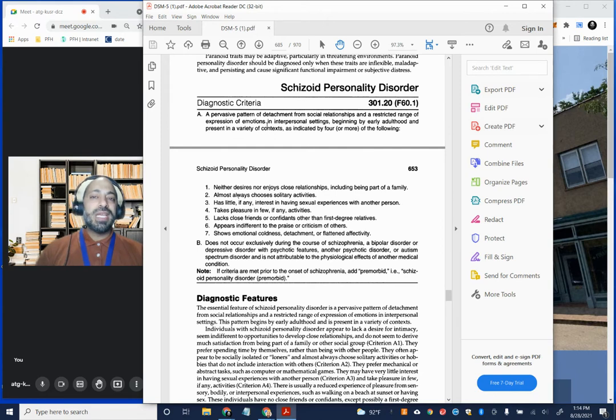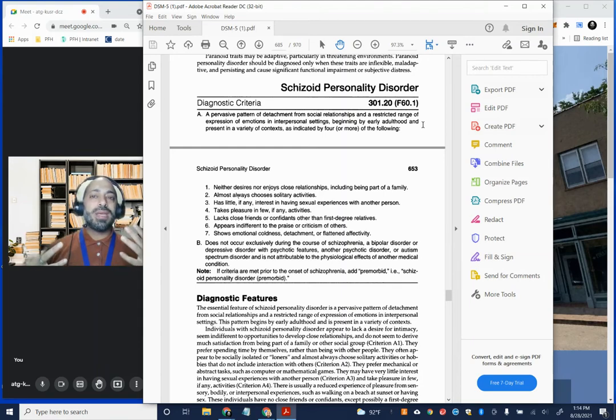A pervasive pattern means it's continuing to happen at a pretty deep and impactful pace, impacting the different domains of life, of detachment from social relationships. So we are detaching ourselves from others and the world around us, and a restricted range of expression of emotions. I'm restricted in how I'm expressing my emotions.